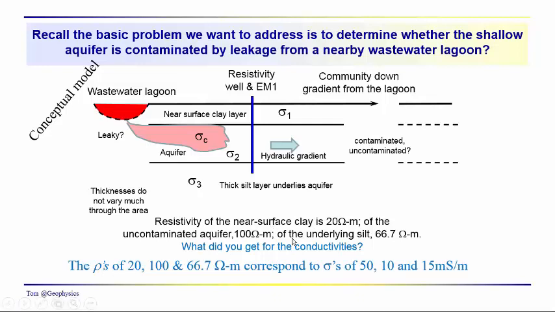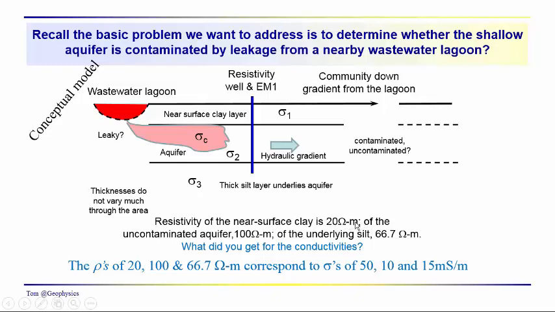You should have found that, well, remember what you do when you have a resistivity of 20 ohm meters. You want to figure out what the equivalent conductivity is. Conductivity is just the reciprocal of resistivity, but the units change, so we take the reciprocal of this value, which is 1 over 20, which is 0.05.